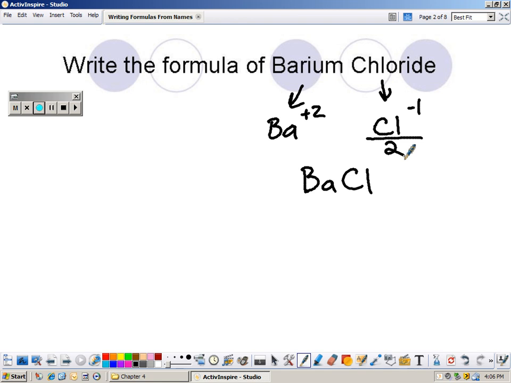That would give you a -2, and then you would see, well, -2 and +2 is 0. Okay, so since you need the 2 chloride ions to cancel out that +2 charge, your formula is going to be BaCl2. Okay? Let's try another example. That one was type 1, by the way, again.